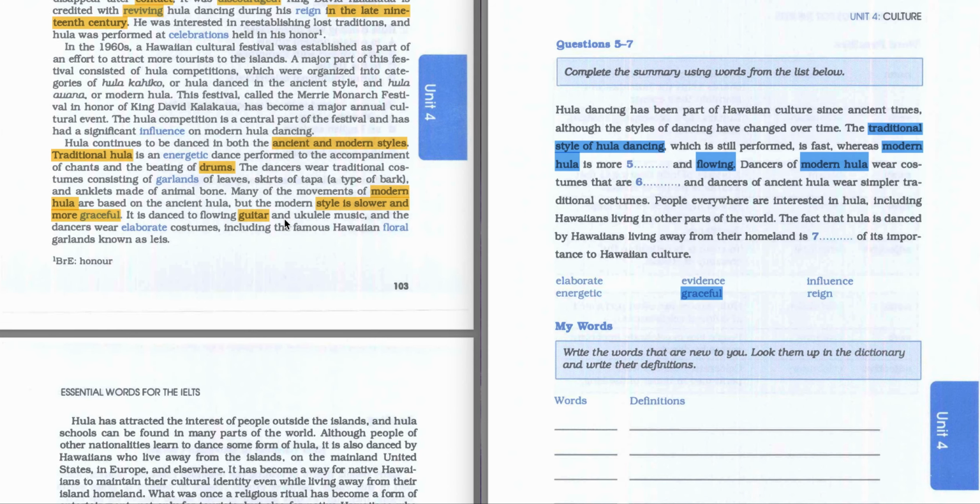It is danced to flowing guitar and ukulele music, and the dancers wear elaborate costumes, including the famous Hawaiian floral garlands known as lei. So it says they were wearing elaborate costumes. So the answer to the fifth question is going to be elaborate.